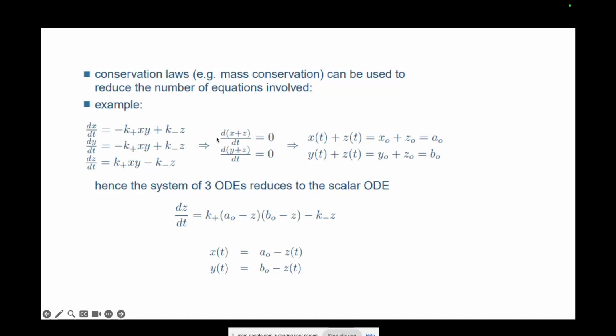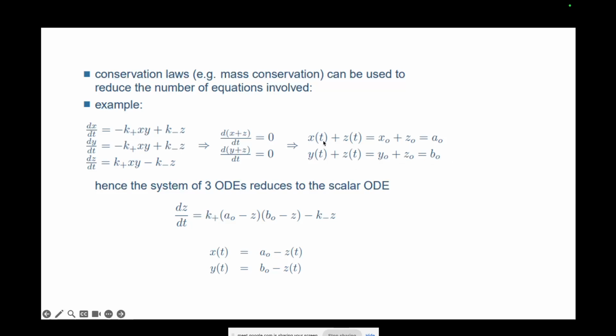If you integrate this, x plus z becomes x naught plus z naught, both of which are constant. So you can assume that the sum of the constants is another constant, which is a naught. Similarly, d/dt of y plus z, if you integrate this, becomes y plus z equal to a sum of constants y naught plus z naught, which becomes another constant, b naught.